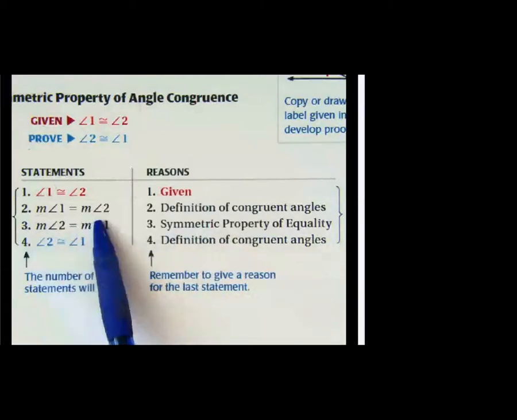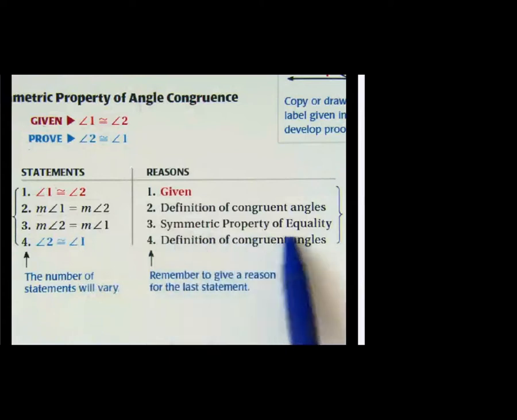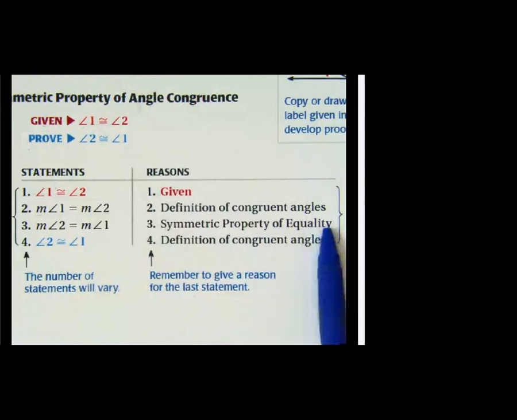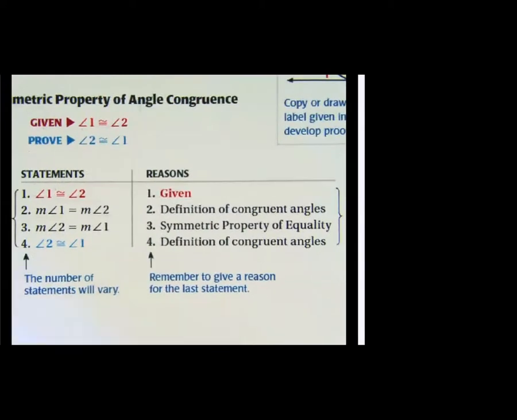So now I've converted it to a number and said that they're the same. Now I can flip-flop the equation because it's numbers, using the symmetric property of equality. Officially, that's the whole thing, symmetric property of equality, but I'll never count it wrong if you don't put "of equality." If you just put symmetric property, that'll be fine when you're doing your proofs. And you can abbreviate prop instead of property, that's fine.